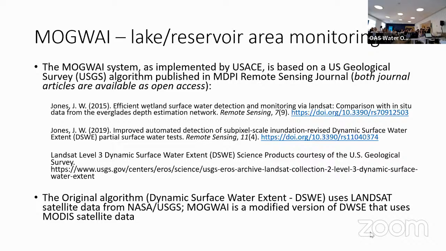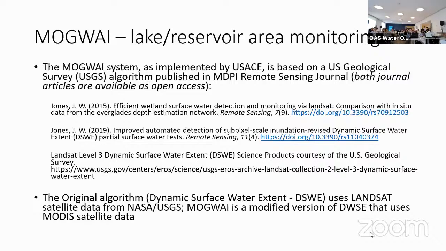We did not develop the methodology. Our group and the Army Corps did not develop the methodology. I don't want to say we stole it because we didn't. We partnered. That was the polite term. We partnered with another agency, and it was actually John Jones from USGS. The method was developed by USGS, and here are the two papers that describe the method.